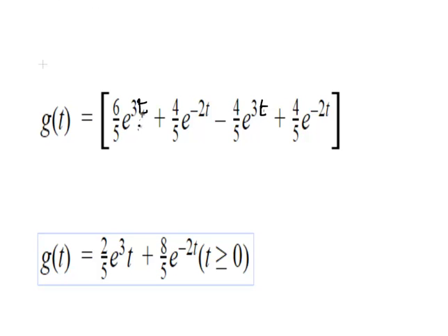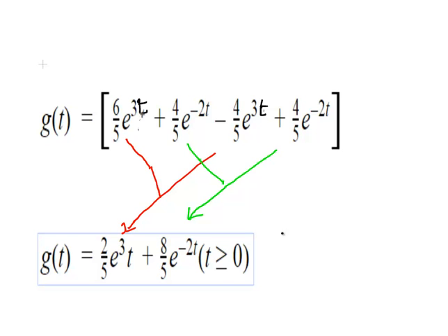So e to the 3t, and we have 6 over 5 times e to the 3t, and over here we have minus 4 over 5 e to the 3t. Just add them together, and we get 2 over 5 e to the 3t. Likewise, the other two, we have 4 over 5 times e to the minus 2t plus 4 over 5 times e to the minus 2t. Add them together, we get 8 over 5 e to the minus 2t.